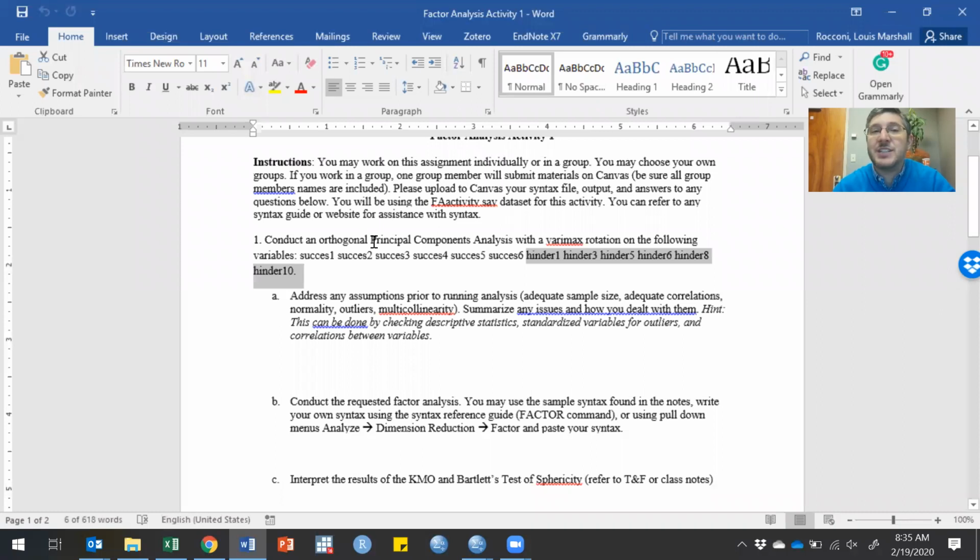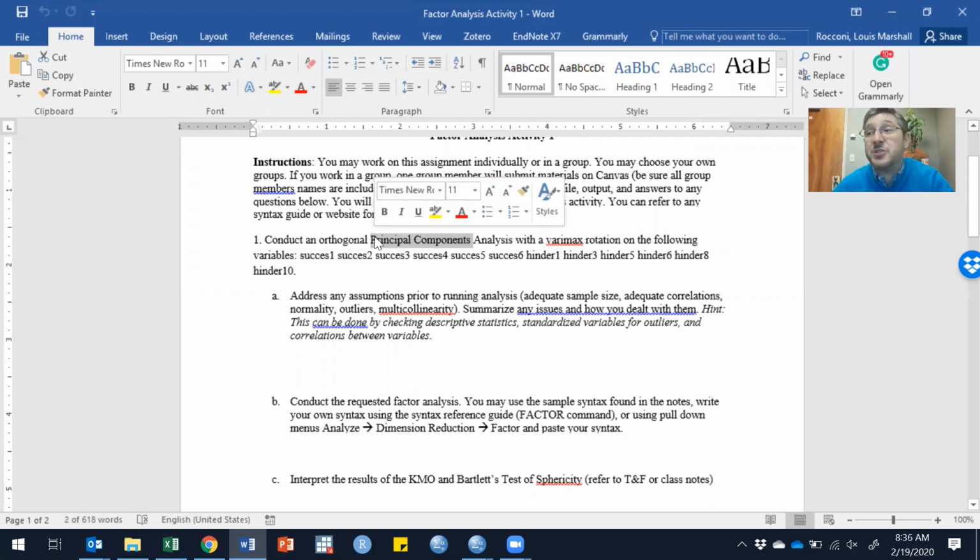So the first thing we're asked to do is to conduct a principal component analysis. And the goal of a principal component analysis is really to reduce your variables into a linear combination of smaller components.